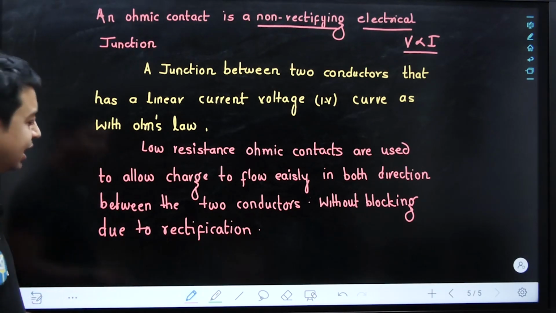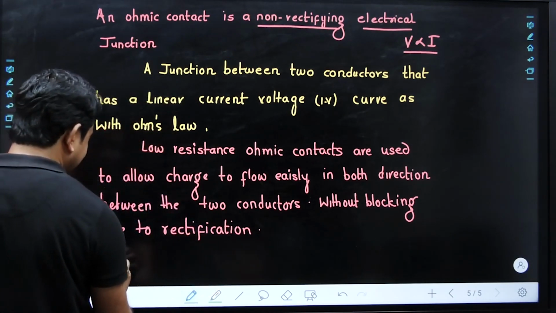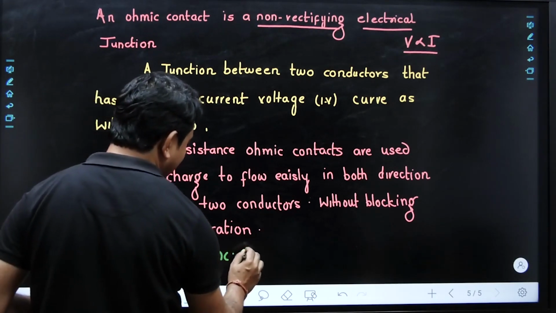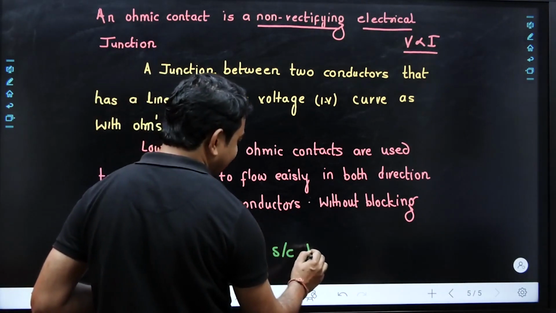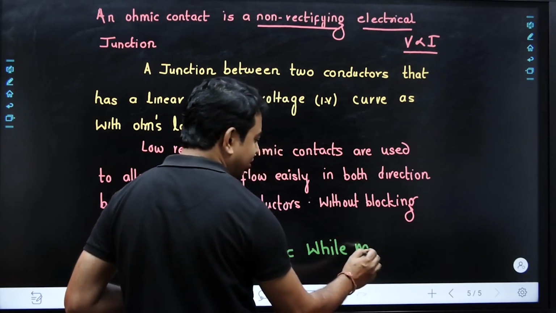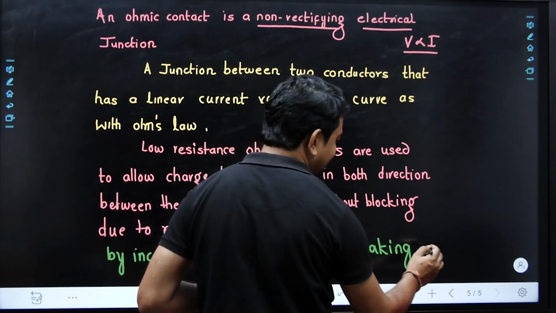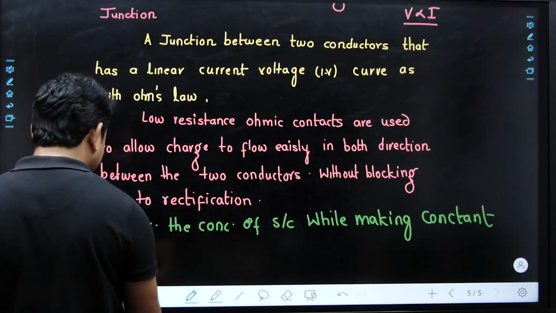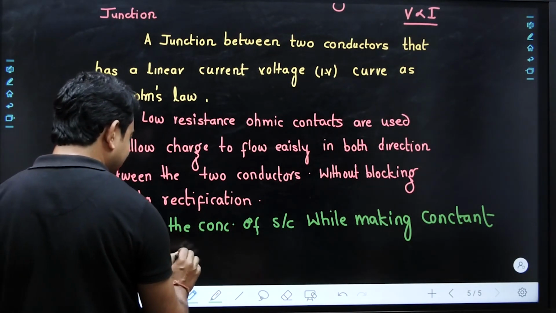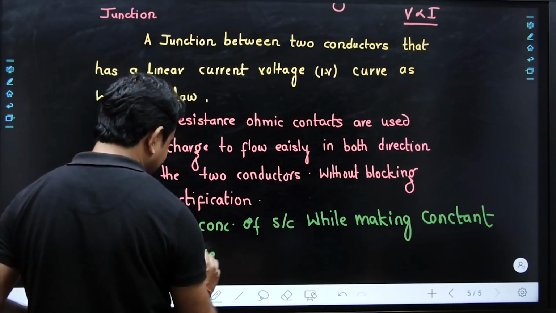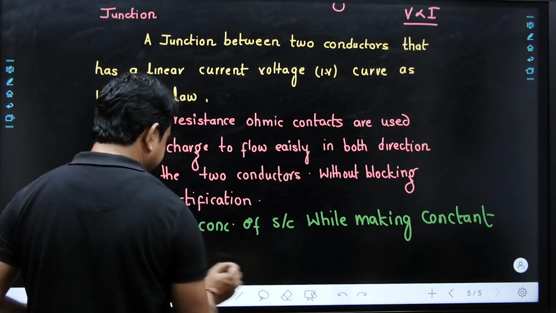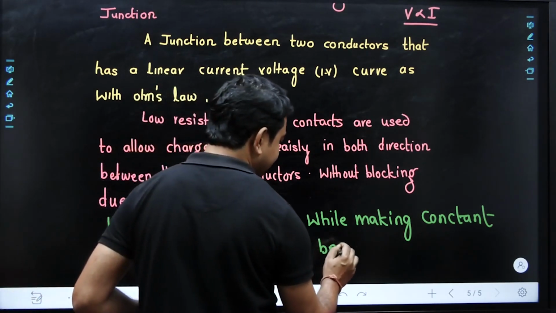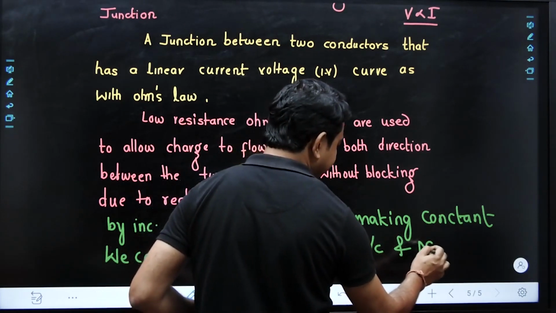So that means, if I write here, by increasing the concentration of the semiconductor while making contact, we can make an ohmic contact between the semiconductor and metal.